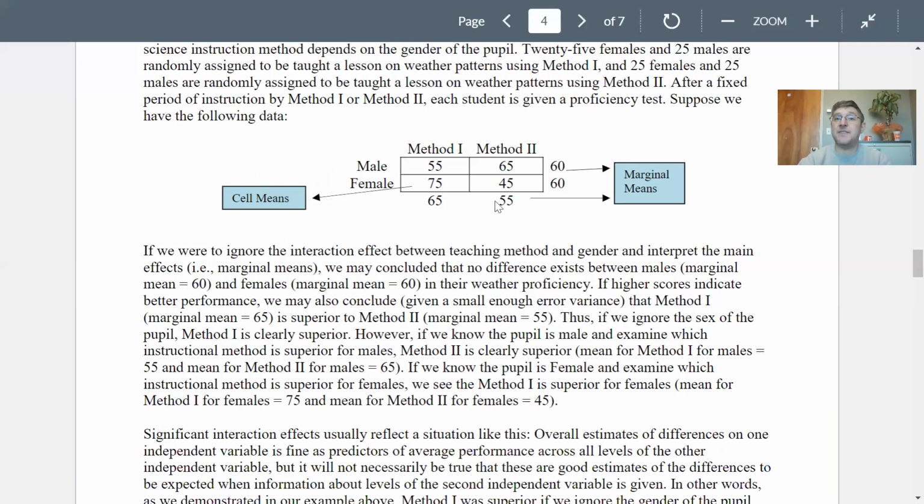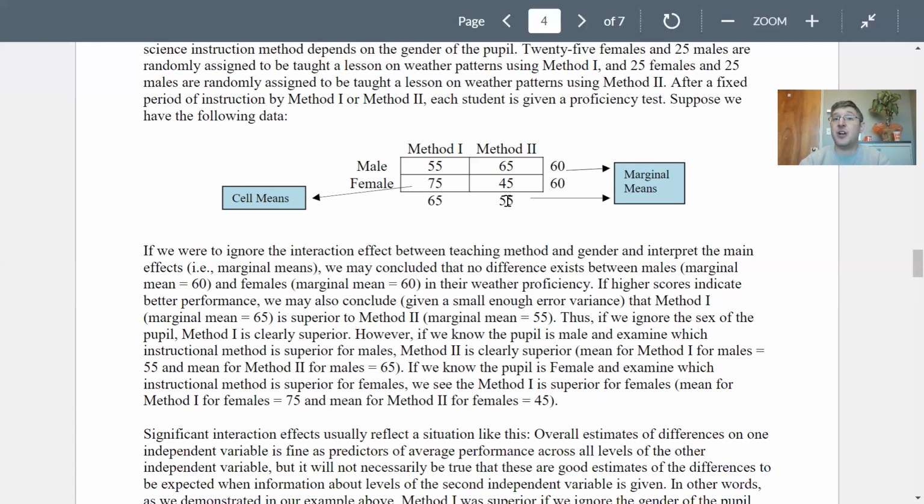If we look at the main effects for the different teaching methods, it looks like method 1 is superior to method 2. So if we ignore the gender of the student, method 1 looks superior to method 2.